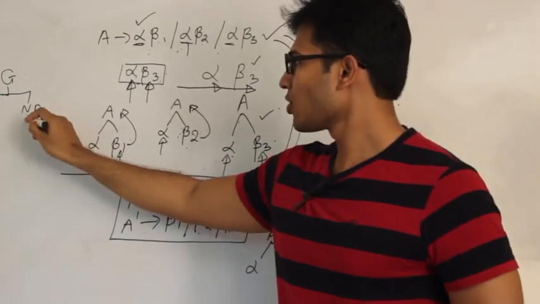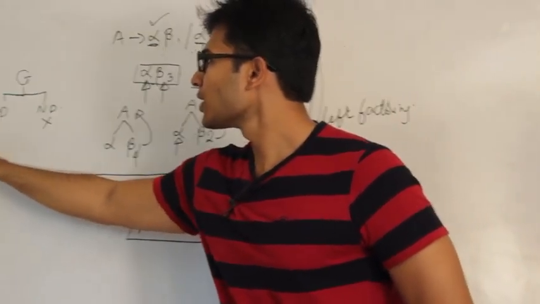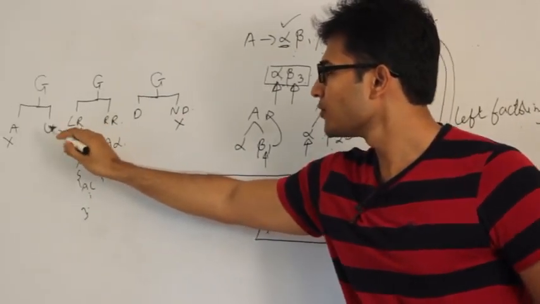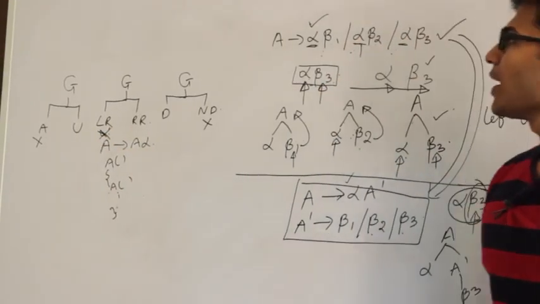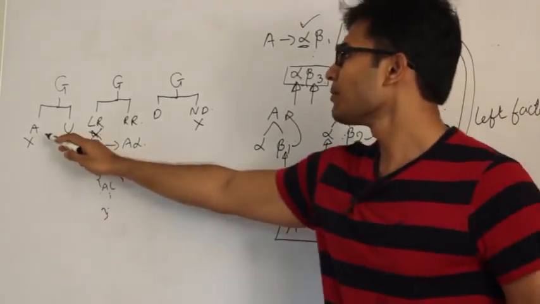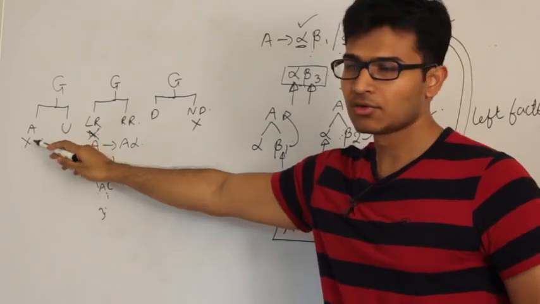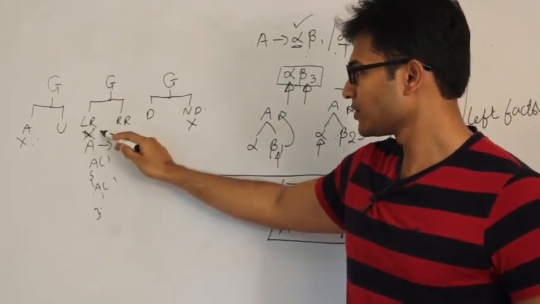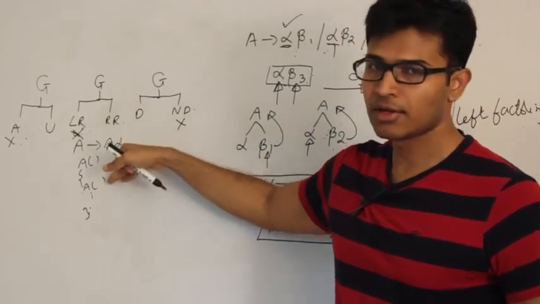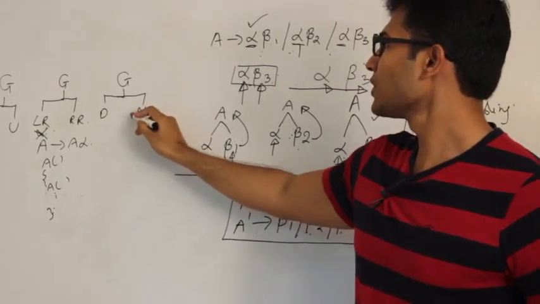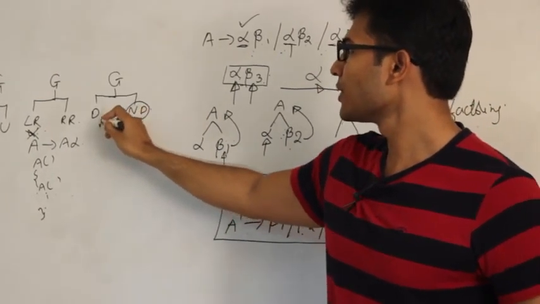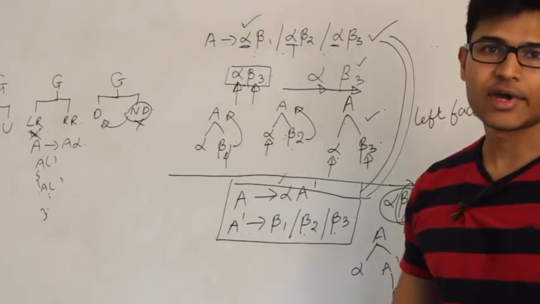So we don't want non-deterministic grammar, we don't want left recursive grammar, and we don't want ambiguous grammars. And we have seen how we could eliminate ambiguity by using disambiguating rules, and how we could eliminate left recursion by converting it using that formula. And now we have seen how to convert a non-deterministic grammar to deterministic grammar using the procedure called left factoring.